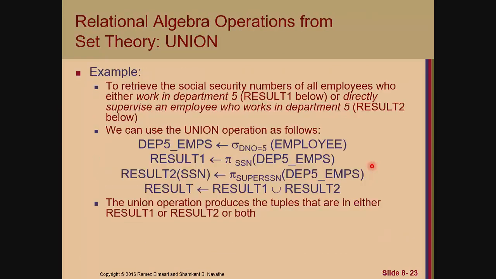Union is also nothing, just a set union. You can use this kind of operation, like you select DNO 5 from the table employee, and then the result is stored in this parameter DEP5_EMPS, actually a temporary table, and you can select it, or project the SSN from the result and store it into this parameter RESULT1.